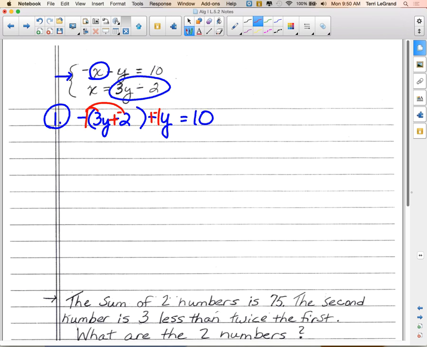So we have -3y now, because -1 times +3, Chase, are you with us? Is -3y. Bring down the addition sign in our parentheses there. -1 times -2 is 2, plus our -1y and our equals 10.